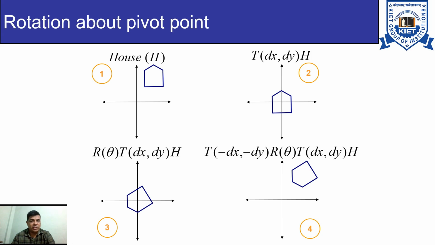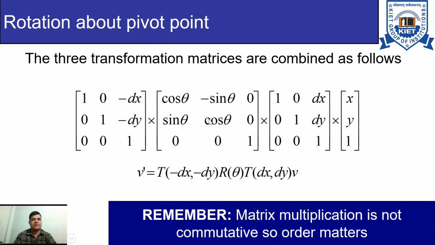One thing to keep in mind: whenever you are moving an object towards origin, you keep the values negative, and whenever you are shifting the object away from origin, you keep the value positive. You multiply all these three matrices, the first being the translation matrix, second the rotation matrix, and third the translation matrix, and you get rotation about pivot point, the composite transformation.